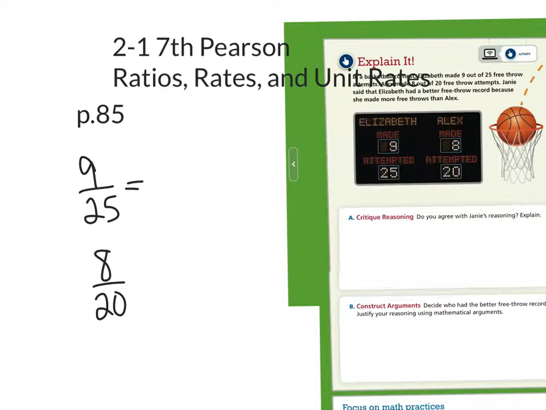Another option would be to get a common denominator. 25 and 20 aren't the same, but let's get them to the same number that they shot. If we did a common denominator, 100 would be the smallest denominator that would work. So that would be 36 out of 100. This is Elizabeth.